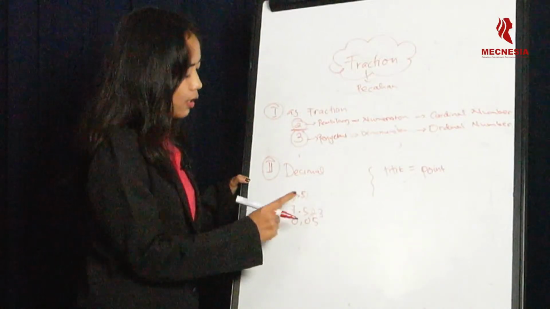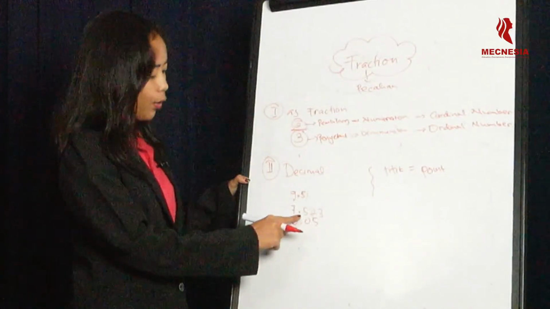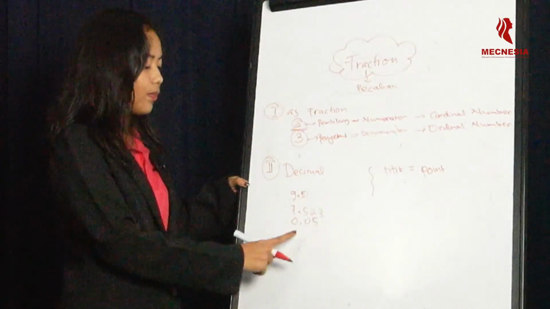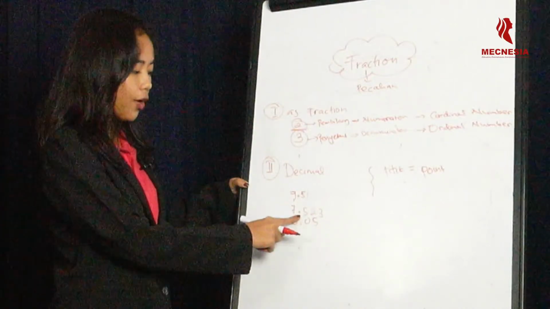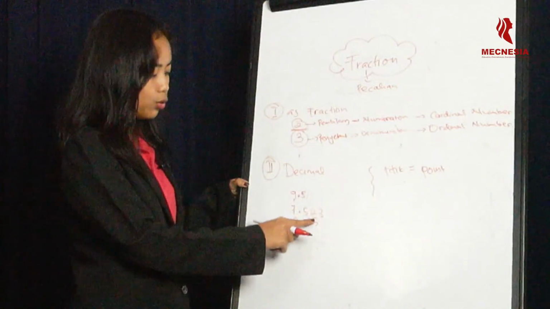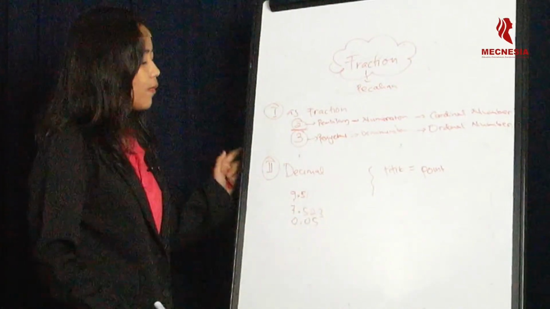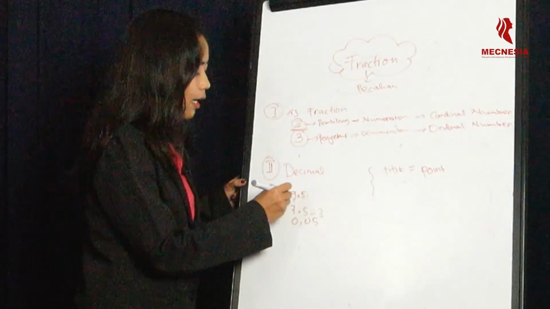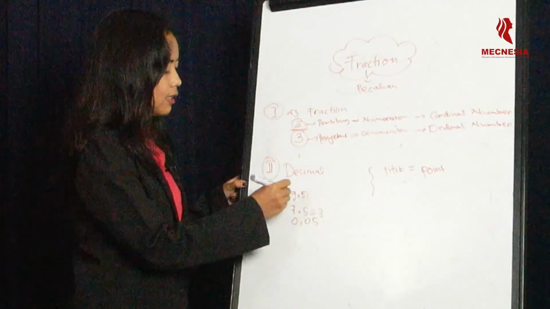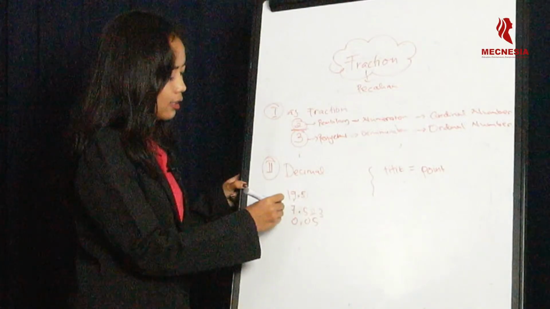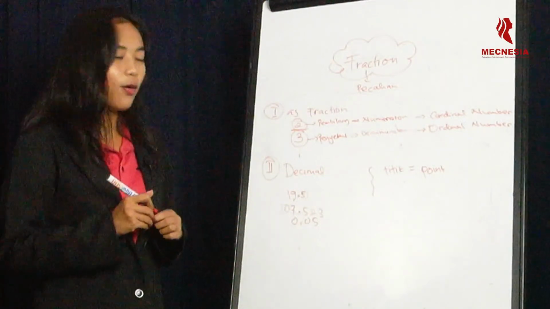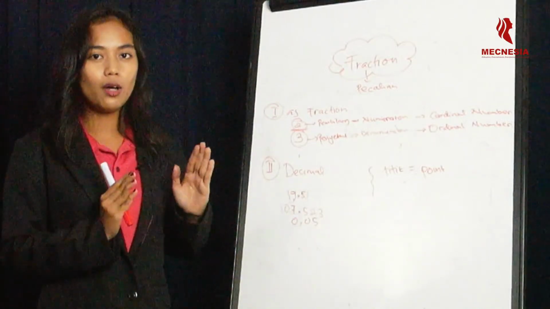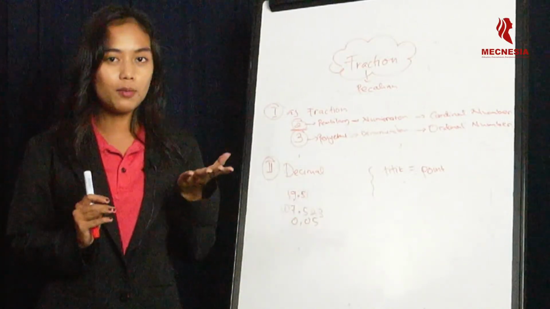Next, this one. 7.523. Seven point five two three. How about, sekarang Miss tambahin angka di depannya. 19. And then di sini 107. Okay, remember? The number before the point, we read it as cardinal number.